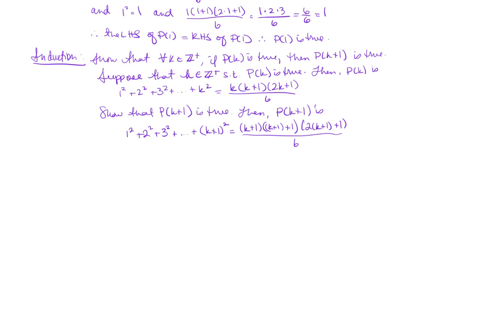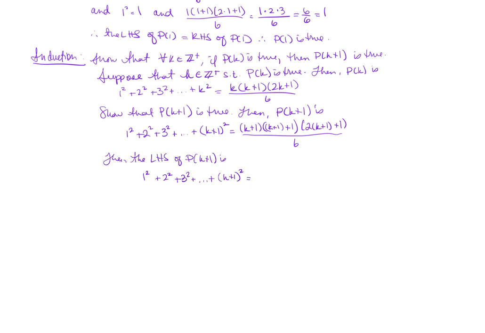So we're going to start once again with the left-hand side. The left-hand side of P(k plus 1) is 1 squared plus 2 squared plus 3 squared plus all the way up to (k plus 1) squared.